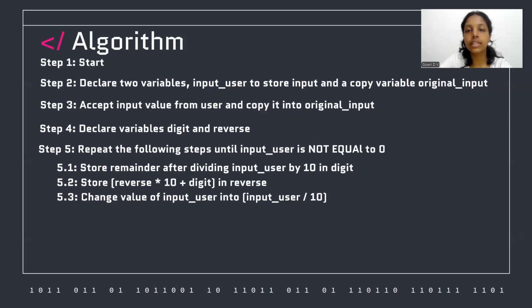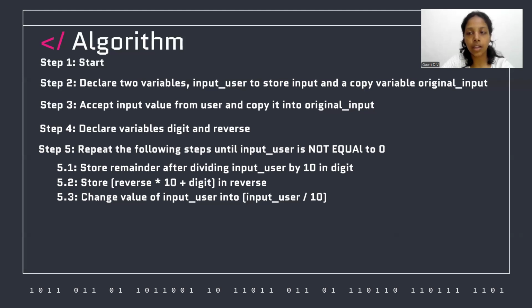What it does here is it eliminates the previously extracted digit, enabling us to extract a new digit in the next repetition of steps. This continues as long as input_user does not store the value 0. Once it does that, the repetition of these steps stops and we next move on to step 6.